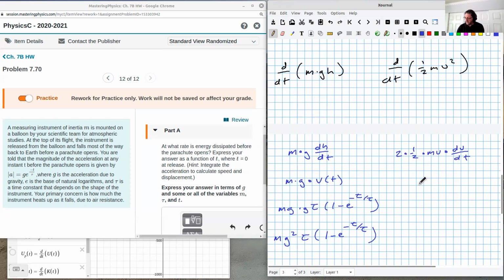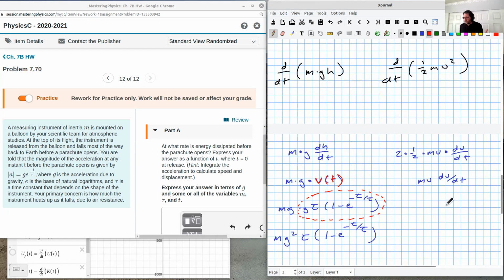Well, the 2 and the 1/2 cancel out, and you get mv dv dt. Well, I already know the velocity function. It's this same thing right here. Let me just circle that. That's the velocity function. And I already know what dv dt is. That's the acceleration. We started with that. The acceleration is that g e to the minus t over tau function.